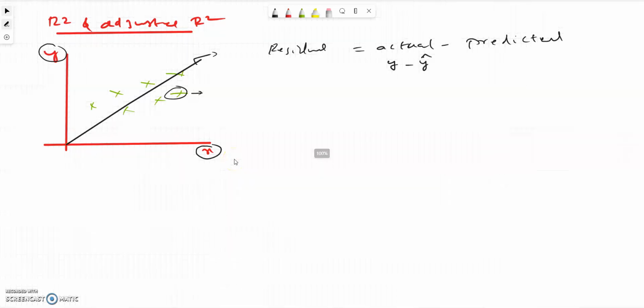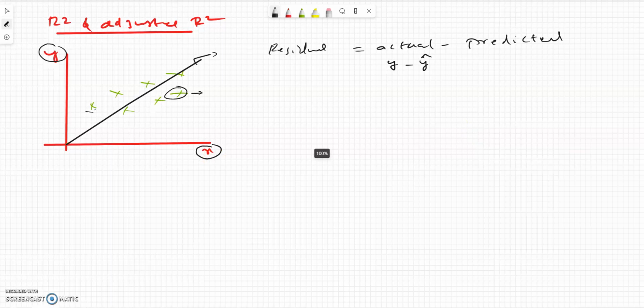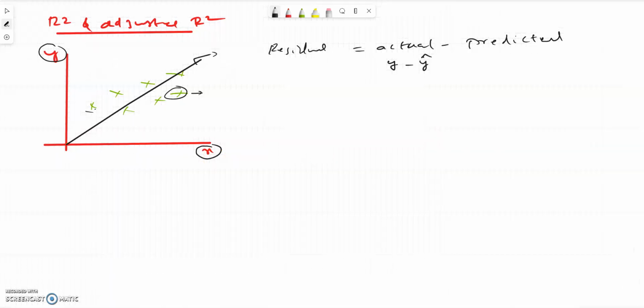I want to find the difference between actual and predicted. Your green point is the actual and this black line is the predicted value. So I just want to keep the difference minimal.